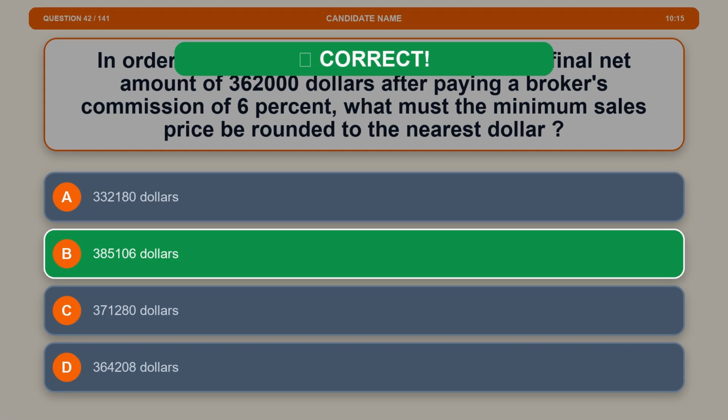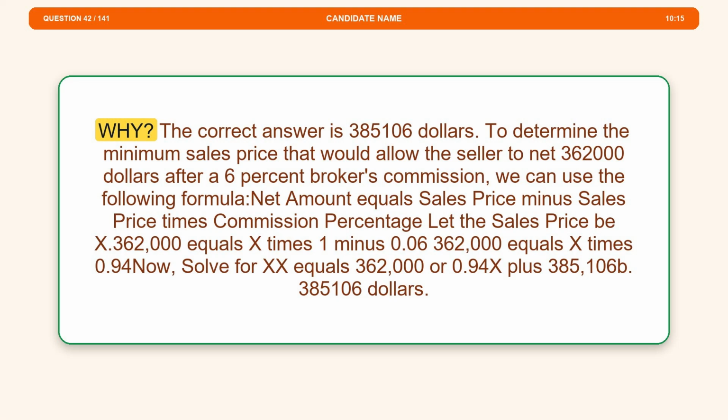The correct answer is option B, $385,106, to determine the minimum sales price that would allow the seller to net $362,000 after a 6% broker's commission. We can use the following formula. Net amount equals sales price minus sales price times commission percentage.